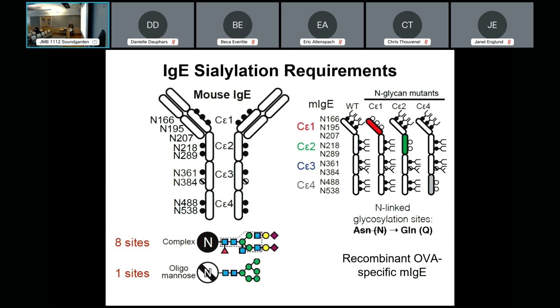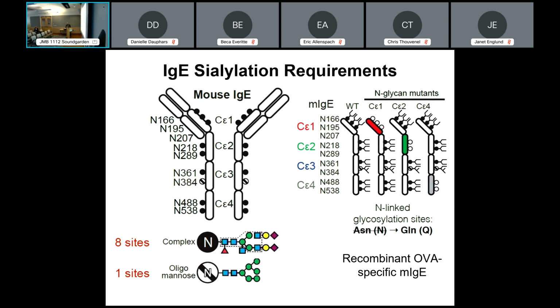So we've been trying to really figure out what's going on. We previously generated this panel of IgE antibodies where we mutated the glycosylation sites in each constant domain. These are all specific for ova, so there's identical antigen specificity. We treated these IgE with buffer or with neuraminidase.